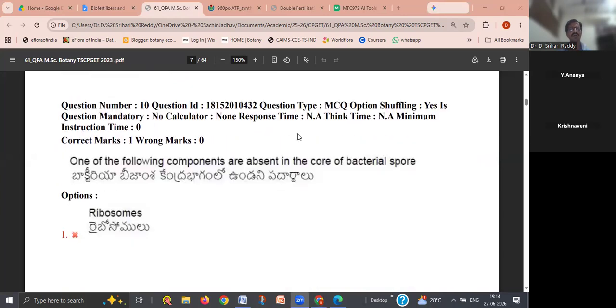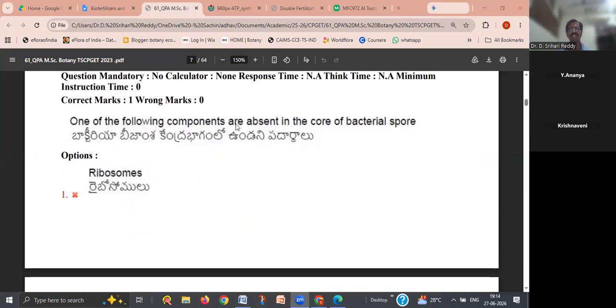And next, which of the following components is absent in the core of a bacterial spore? So we know the asexual reproduction of bacteria. We see spore formation. Under favorable conditions, the bacteria undergo binary fission. But under unfavorable conditions, bacteria form spores.